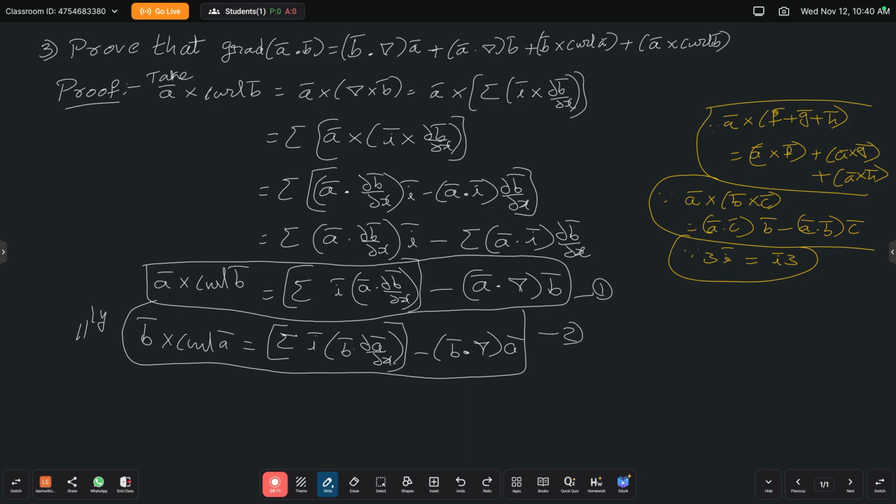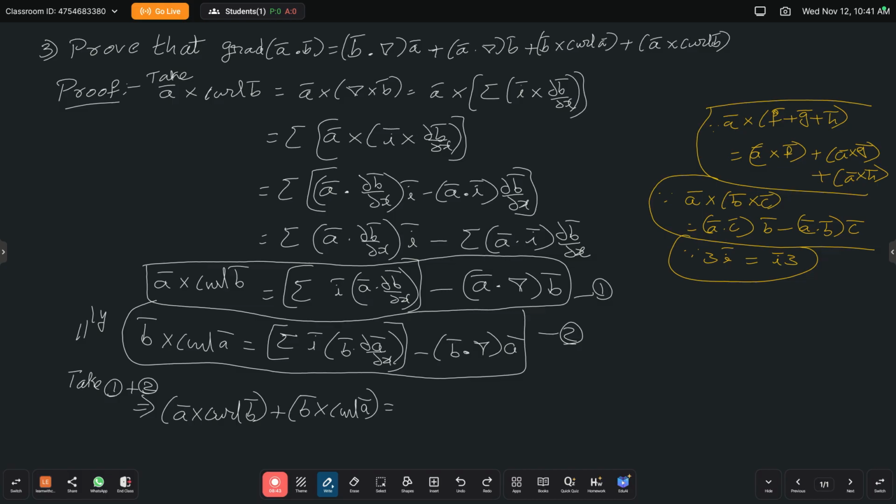What I am going to do is add 1 and 2. That is, take 1 plus 2. That implies the LHS part is going to become a bar cross curl b bar plus b bar cross curl a bar equals, what are the first two terms of the RHS?